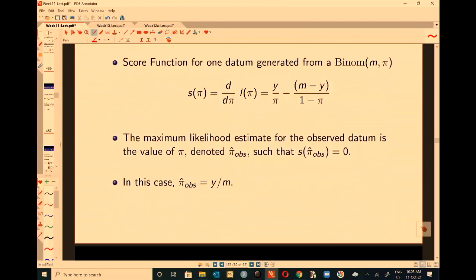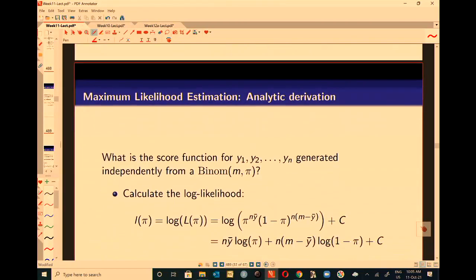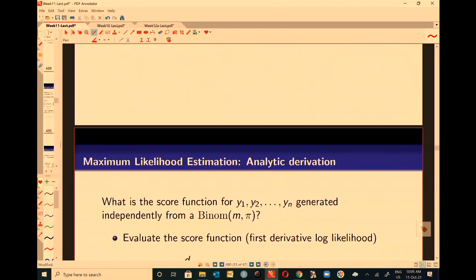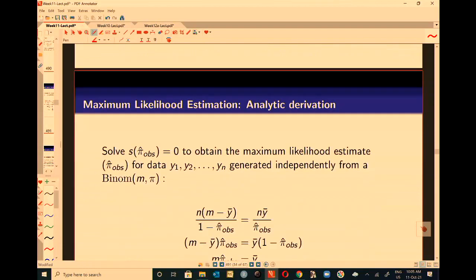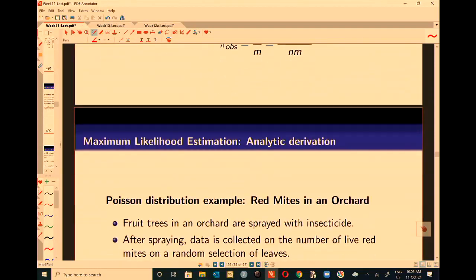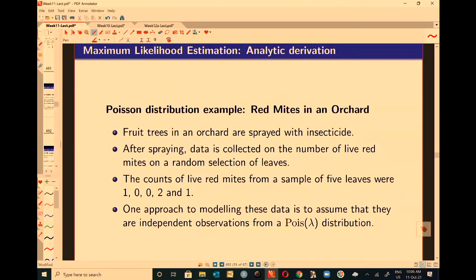So you can solve that equal to 0. We did all this last week, and you'll find here we get the same solution we got before for the moon data at least. That works in the same way. You can look at the mathematics yourself if you understand it. If you don't, it won't make any difference. The maths here is actually quite simple. The other problem we discussed last week was a Poisson model, where we have counts of live red mites from a sample of fig leaves.